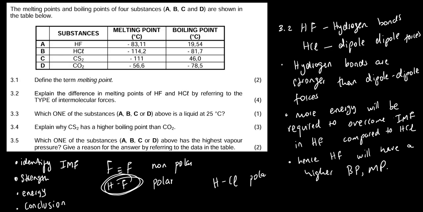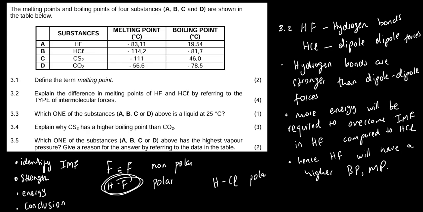We can't say negative 114 is bigger than negative 83. Mathematically, negative 83 is bigger than negative 114. So hence this one has a higher melting point, and also it has a higher boiling point, as you can see, compared to HCl. But remember, the one with the higher boiling point and melting point is gonna have the lowest vapor pressure.